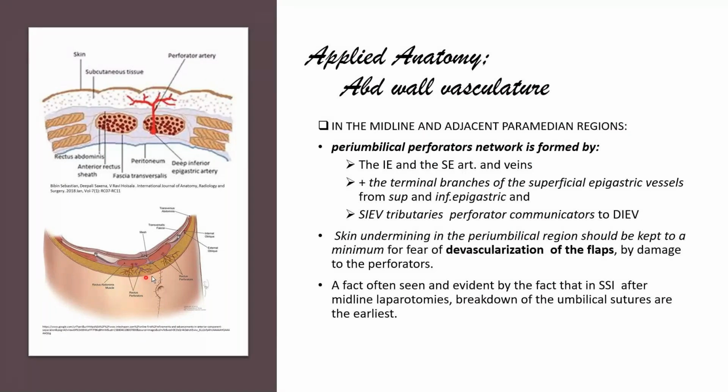I'm going to cut these rectus perforators. So remember that when I give this incision, the skin undermining in the periumbilical region should be kept to a minimum for fear of devascularization of these flaps. So please do not undermine the skin too much in the periumbilical area, or these perforators would be damaged. Is that clear?